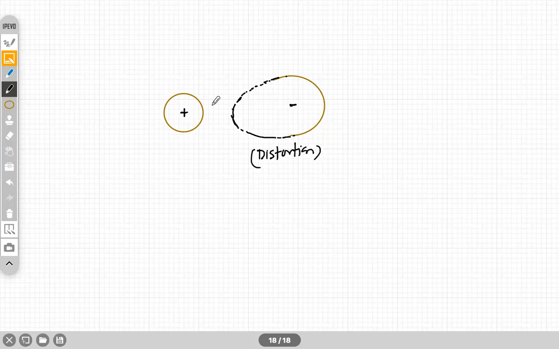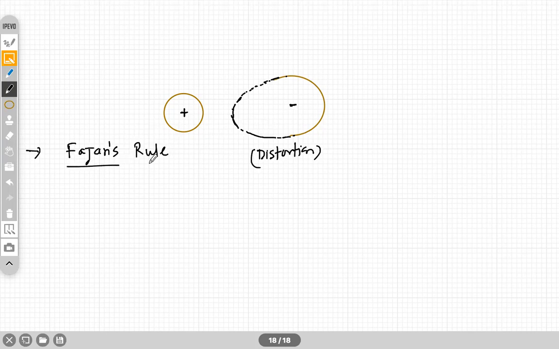Right. So this effect, the distortion in the electron cloud, was studied by a scientist called Fajans, and the rule given by Fajans, we call it Fajans rule. So all this covalent nature of ionic compounds we study under Fajans rule. So write down Fajans rule, the first point here.